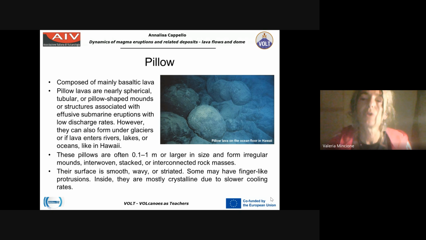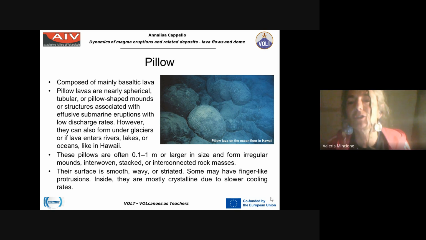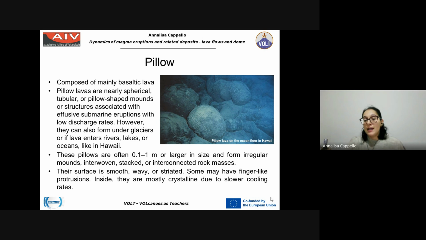So no, in our case, the eruption is subaerial, but the lava reached not the sea, actually a river. Okay, the river. So it cools when it reaches the river, and it has this kind of shape. Yes.